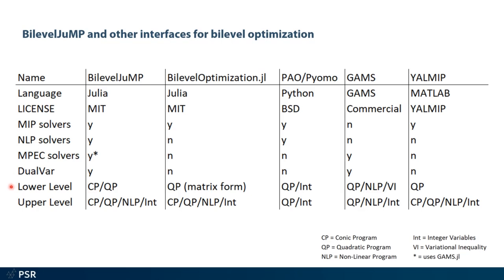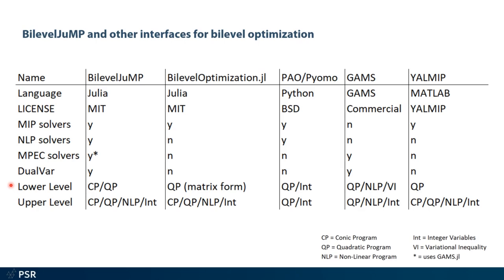In terms of the lower level formulation, we see that BilevelJuMP can formulate conic programs, which are not supported by the other ones, while BilevelOptimization.jl always requires its lower levels to be formulated in matrix form. That's why it was the motivation for BilevelJuMP to implement for the first time algebraic modeling in Julia for bilevel optimization.